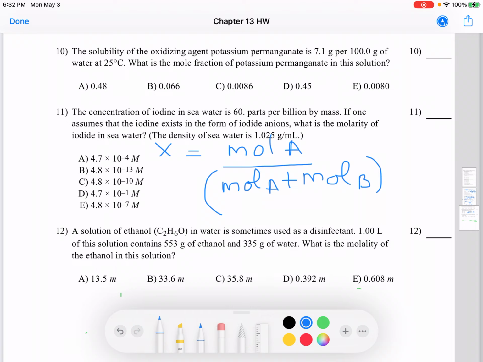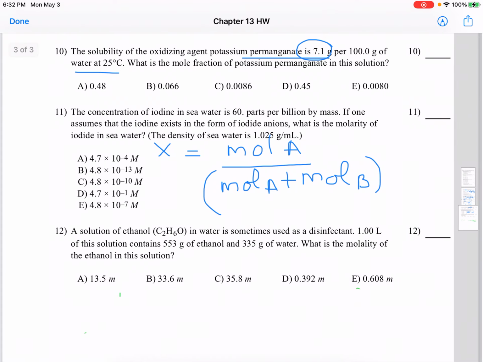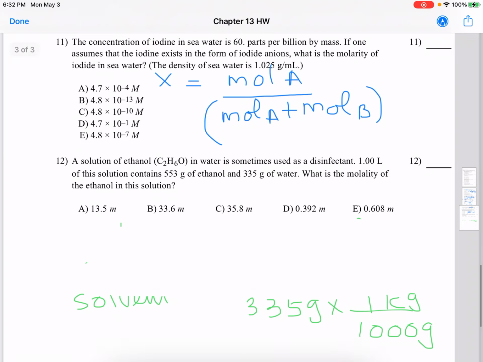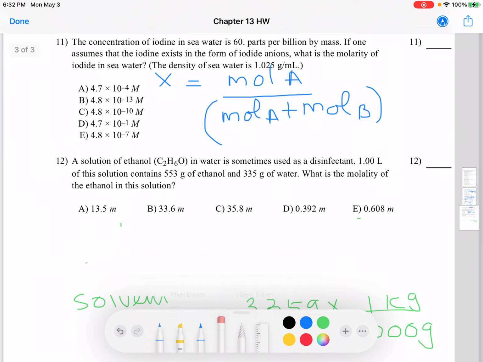That's the mole fraction. So we are here considering two components, potassium permanganate and water. You need to find out the number of moles of potassium permanganate in 7.5 grams. Okay, how do you convert again grams to moles? You guys know that, it's easy.